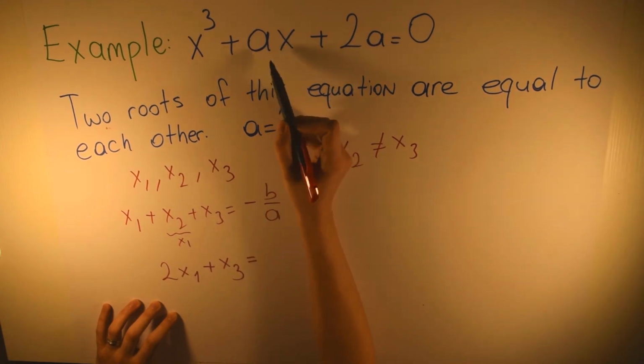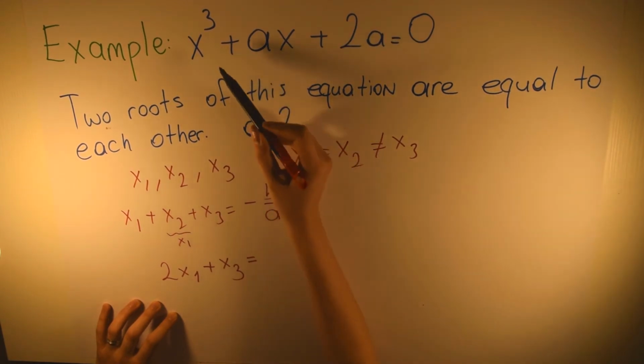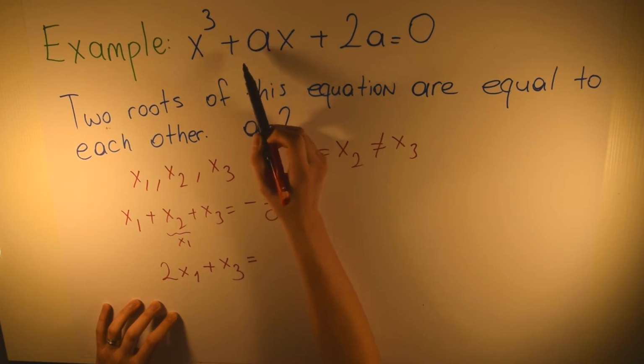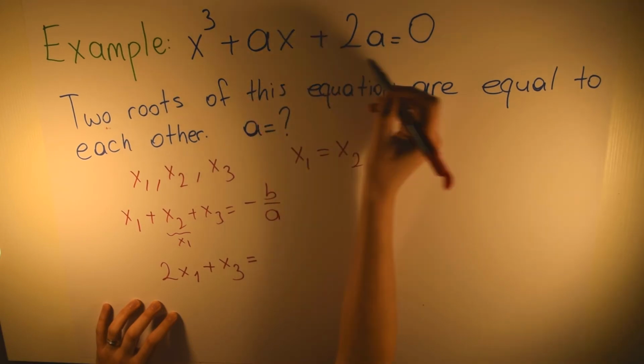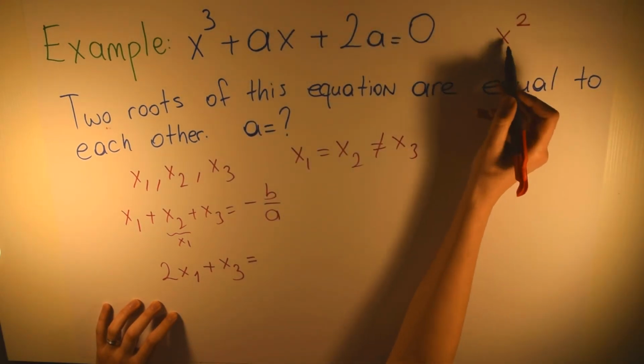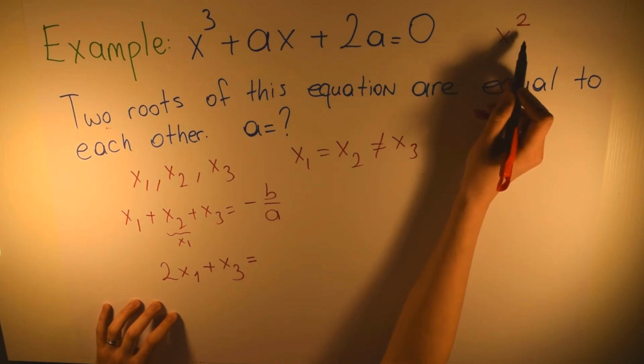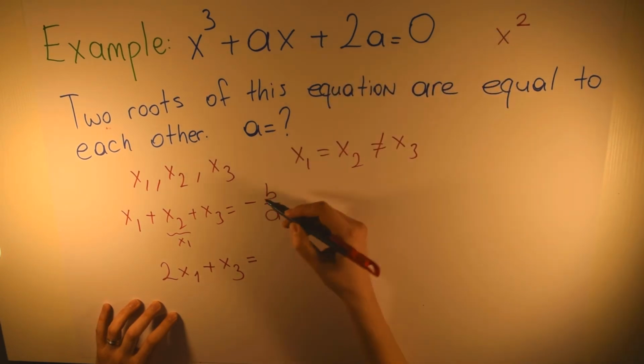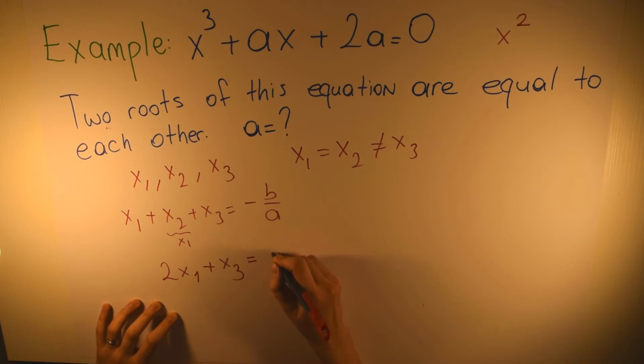Here, where is our b? We don't have b here. Why? Because we don't have any term with x squared. It has to be something with x squared. That's why our b here is equal to 0.